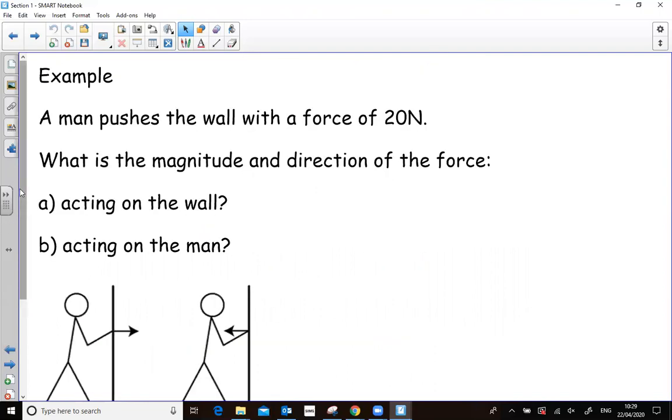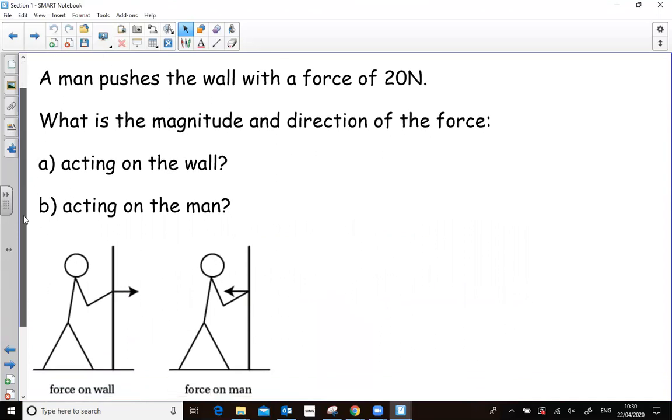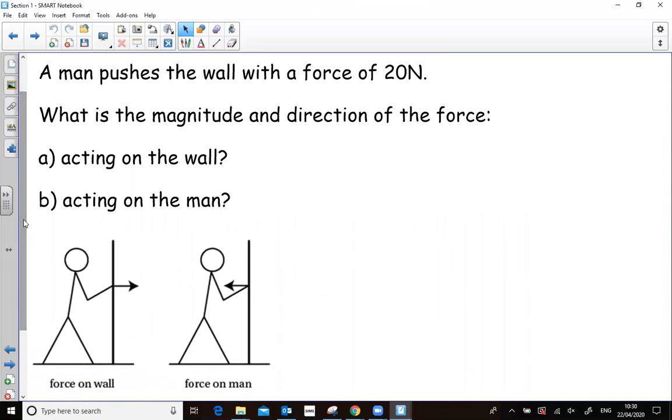Okay, so let's have a look at an example. Here it says, a man pushes the wall with a force of 20 Newton. What is the magnitude and the direction of the force acting on the wall? Well, if there is a 20 Newton force being pushed onto the wall, that means the force here would be 20 Newton.